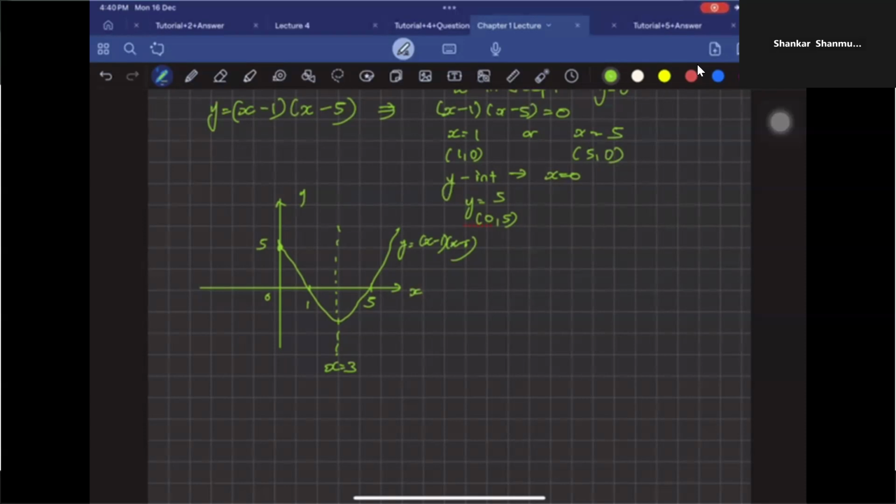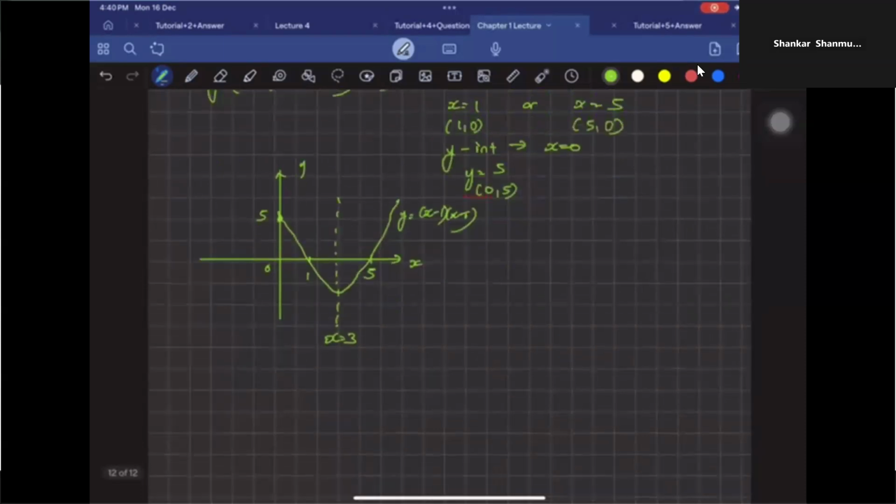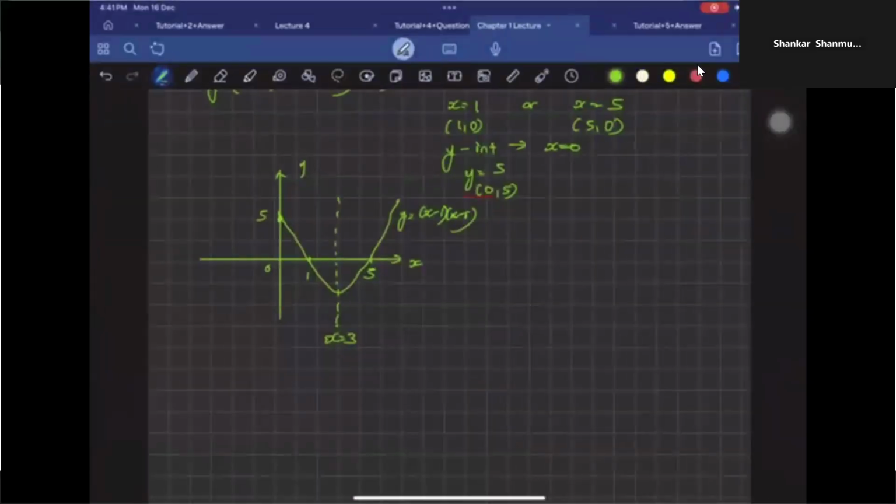Now let's move on to another question. Okay, similarly, if you have a question that goes exactly the same as this, just that it is y equals minus (x minus 1)(x minus 5).